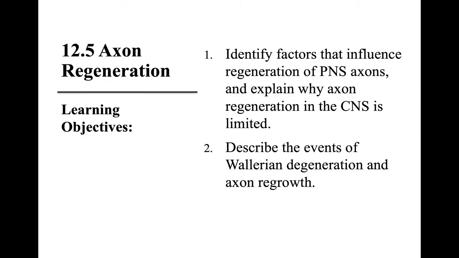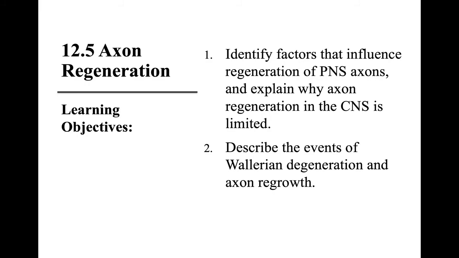Okay, the last topic, again on page 449. Actually, it's now on page 451, excuse me. On page 451, it talks about axon regeneration. There is some controversy about this. They say that the central nervous system can regenerate just like the peripheral nervous system, but the truth is not really.